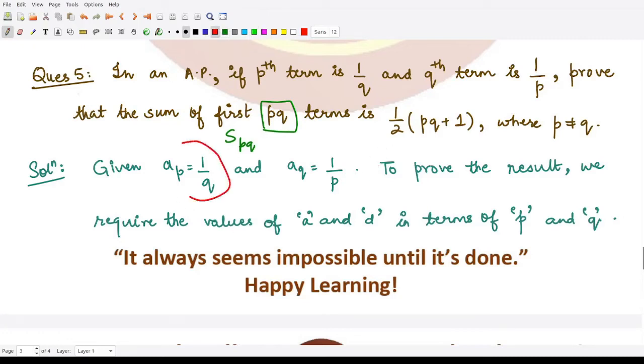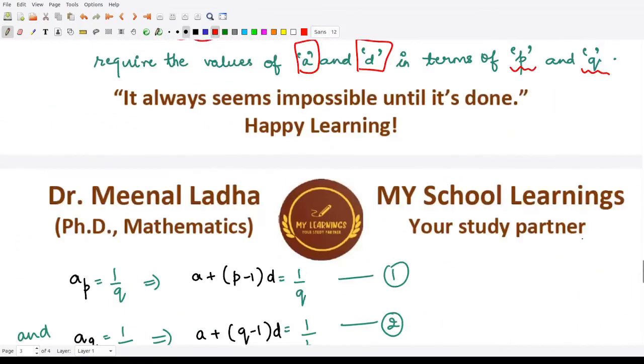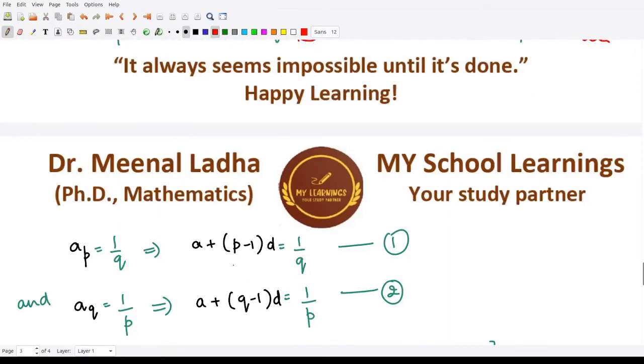So Ap is given to us, Aq is given to us. In order to prove the result, what do we require? We require the value of a, the first term, and the common difference small d. And we will calculate both of these values in terms of P and Q. So here Ap is given to be 1 by Q. The formula for the nth term is a plus n minus 1 times d.